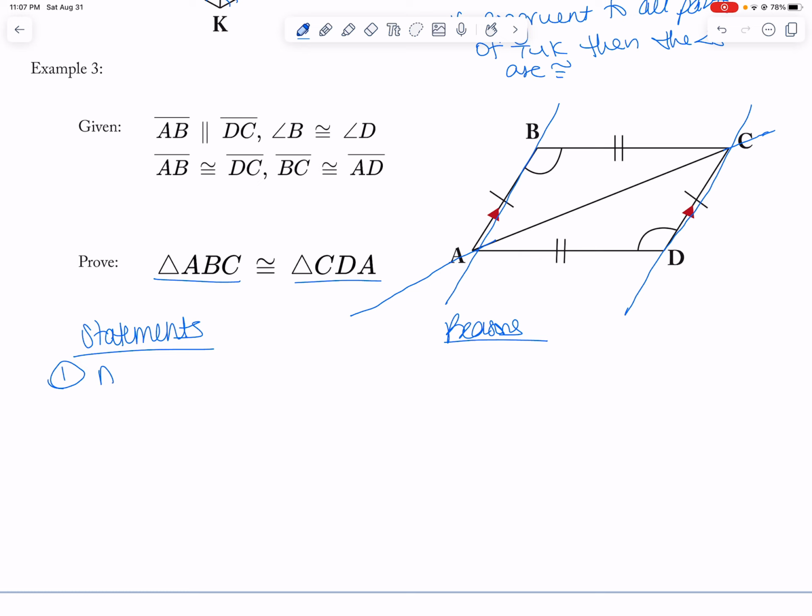So one is AB is parallel to DC, and that is given. And then angle BAC is congruent to angle DCA, and this is alternate interior angles.